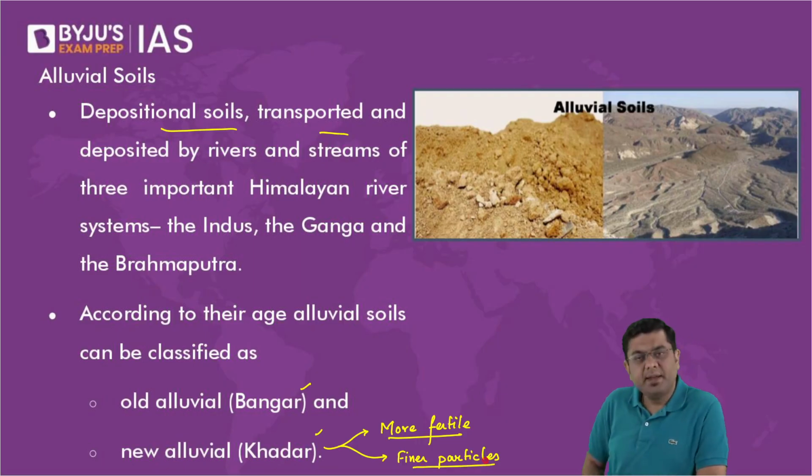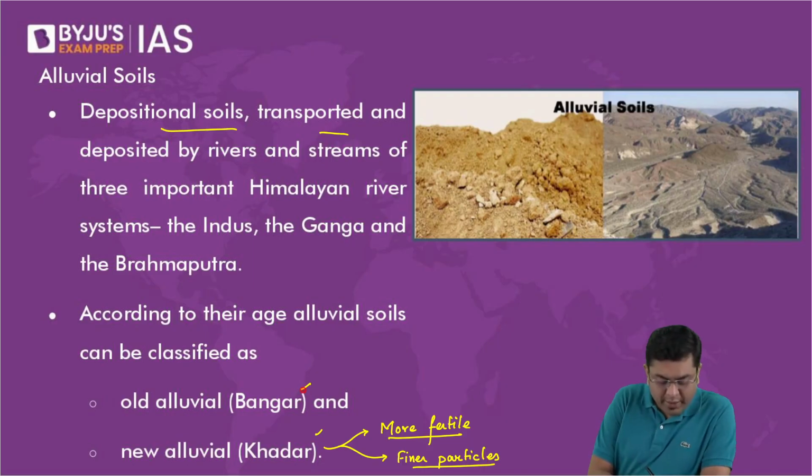The particle size is particularly small in this. When we talk about older alluvium, here you will find larger particles. Coarse grained particles. Less fertile.